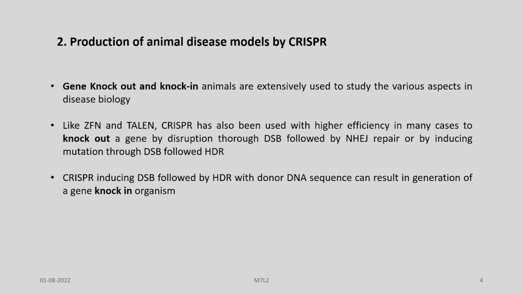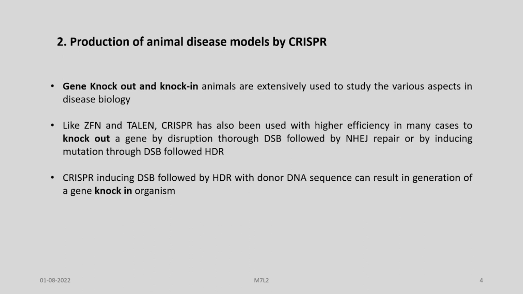And similar to ZFN and TALEN, CRISPR has also been used with high efficiency in many cases to knock out a gene by disruption through double strand breaks followed by non-homologous end joining repair, or by inducing mutation through DSB followed by HDR.